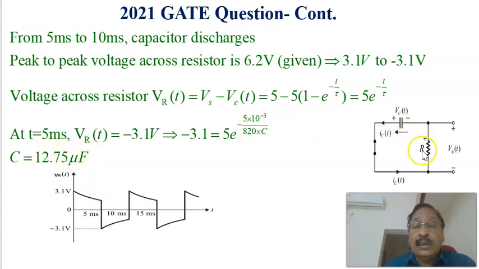During discharge, the capacitor voltage changes at 5 milliseconds to minus 3.1 volts, and substituting here, the value of the capacitor C is 12.75 microfarad.